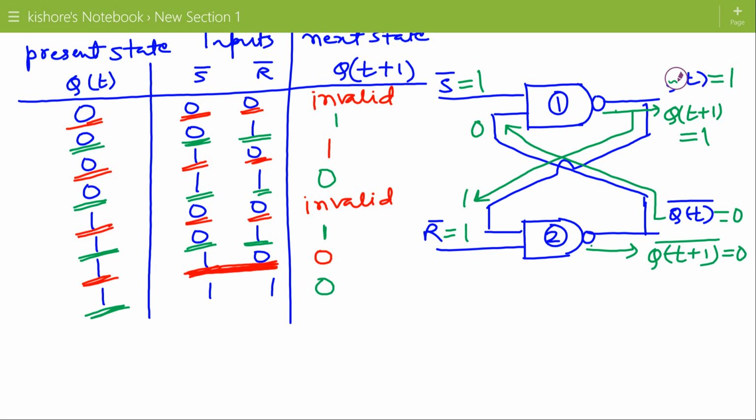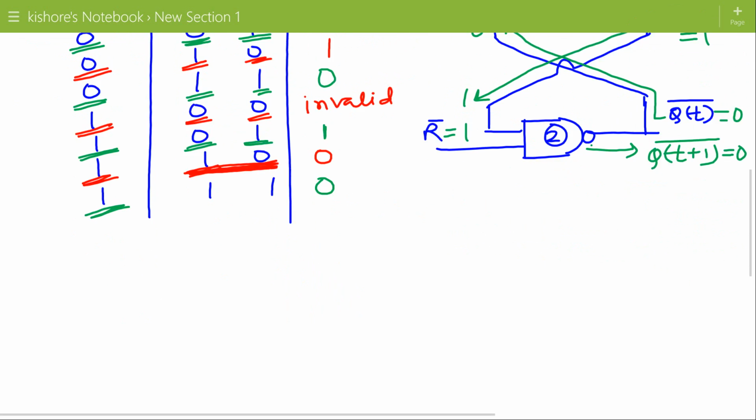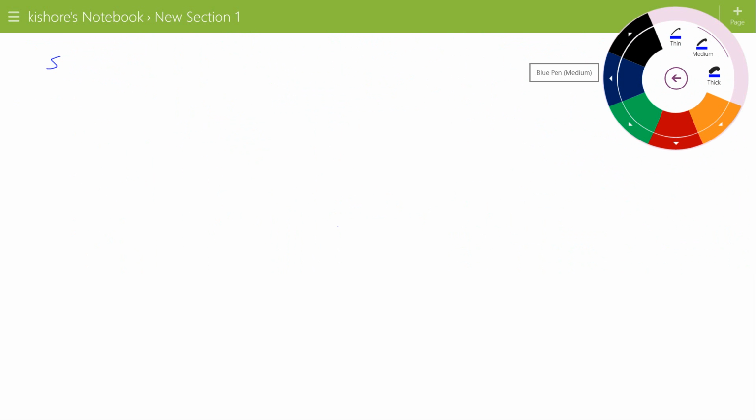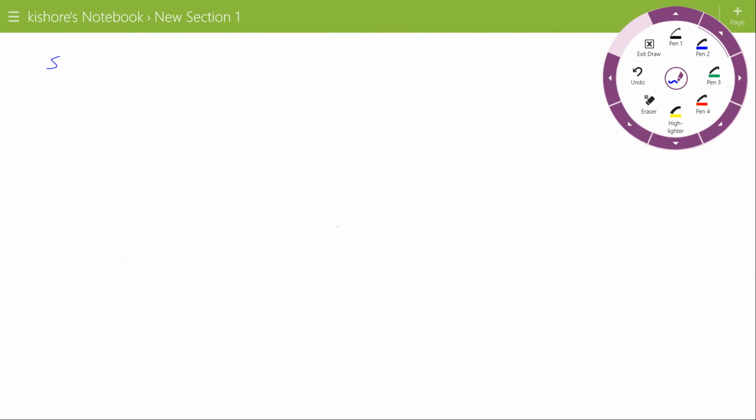So this is the characteristic table or state table for the S bar R bar latch. With the help of this table, we can make an S R latch using NAND gates.